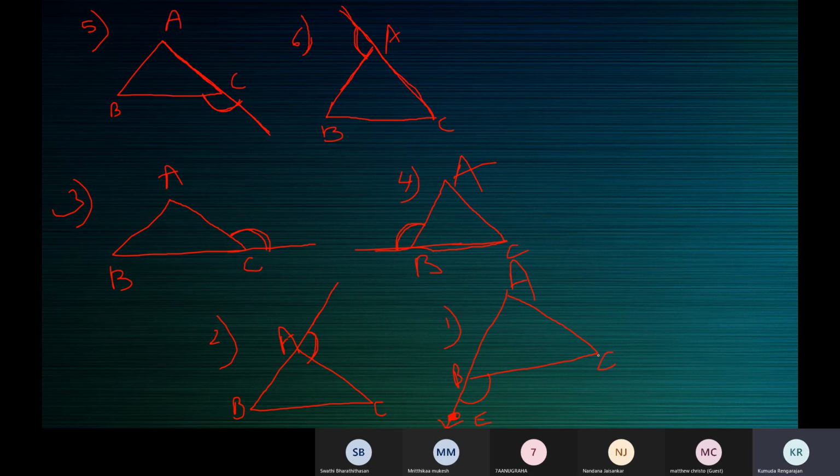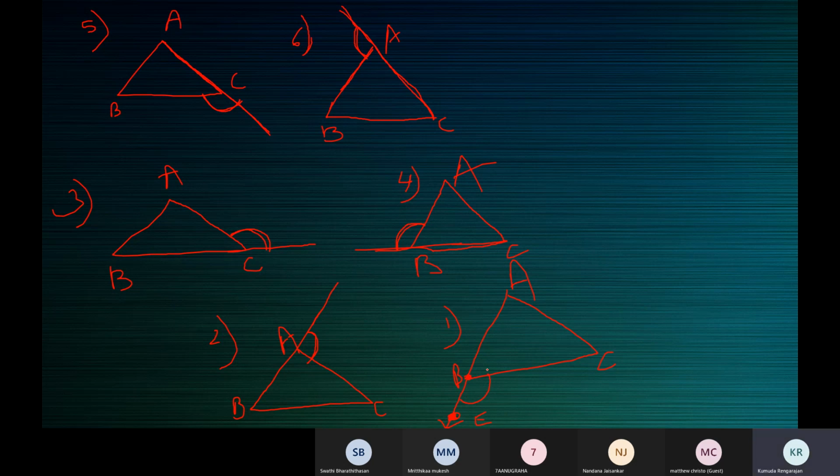But when more than one angle is formed at a particular vertex, we need to be very specific when we name the angle. So when we say angle B, all of us will get a doubt: is it this angle B or this angle B? So it is important to name using 3 letters at vertices where more than one angle is formed.